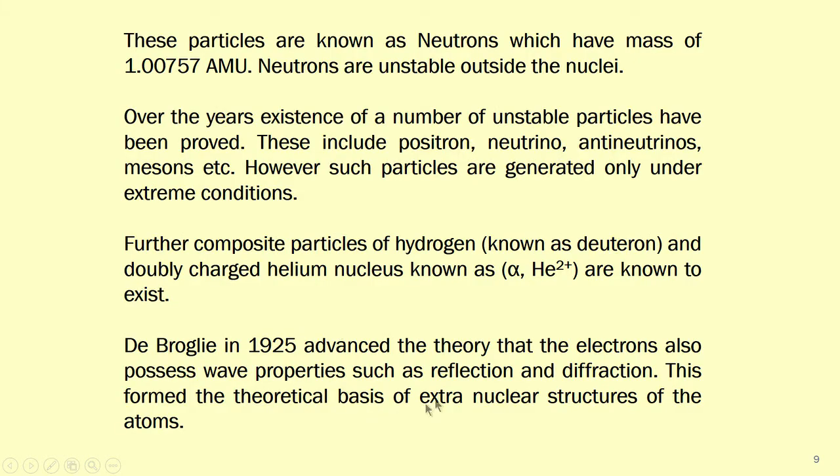So, if the electron is moving in a wave fashion, it must also exhibit the properties of reflection and diffraction, because they are the properties of all waves. So, this formed the theoretical basis of the extranuclear structure of the atoms. So, we will see what that extranuclear structure of the atom is, what does it mean?